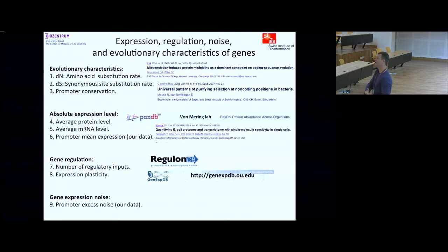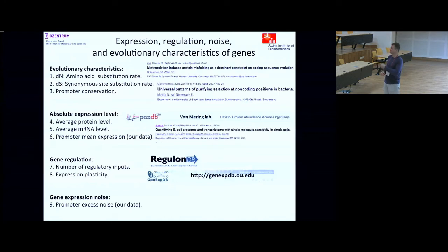So I wanted to know how other properties correlate with these variables: how noisy is a gene, how plastic is it, how much does its mean level change across conditions, how many regulatory inputs does it have?